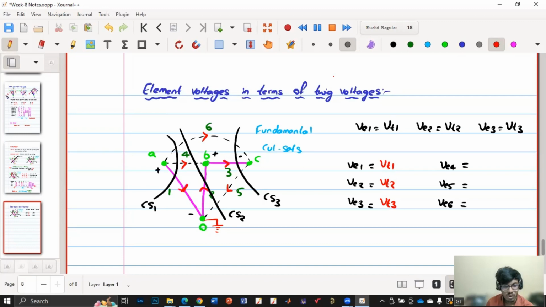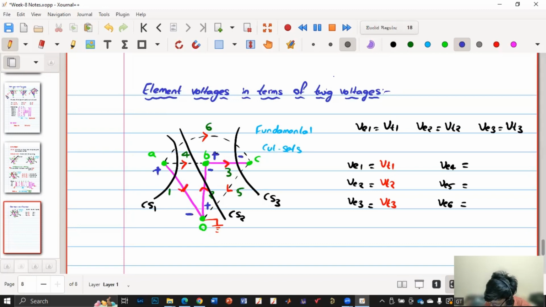So what is VE4? From B, we are going to A. We'll go in this direction and in this direction, right? Let me clear it properly. This is my twig voltage; here this is plus, this is minus.